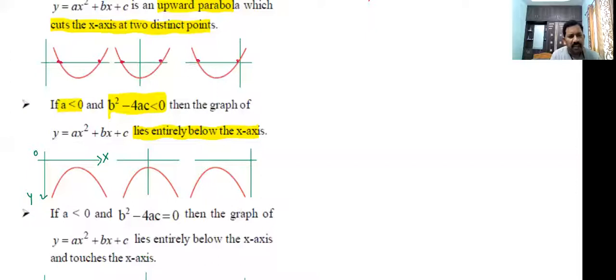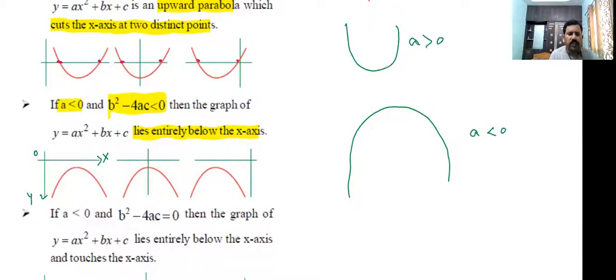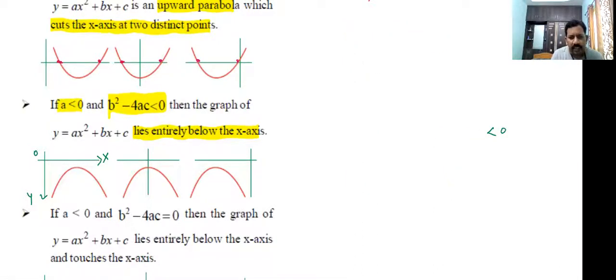Here observe that a less than 0 means the curve is looking downwards like this. Upward means what? A greater than 0. Then by observing the discriminant, we will decide whether the curve is touching the x-axis, intersecting the x-axis, or entirely above or below the x-axis. Okay. So in this case, the curve is entirely below the x-axis.